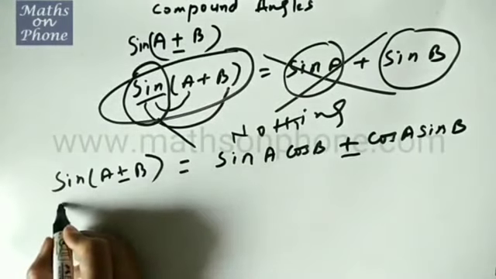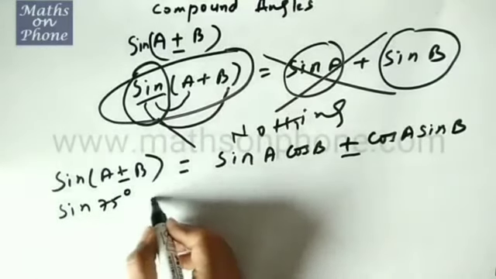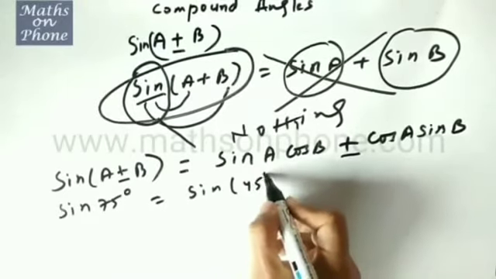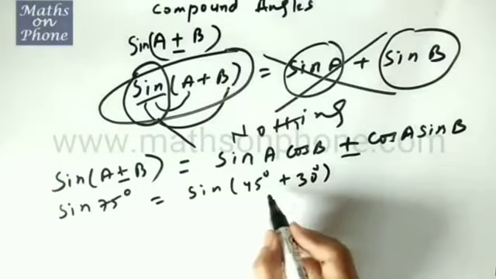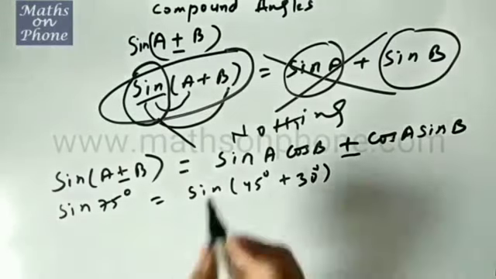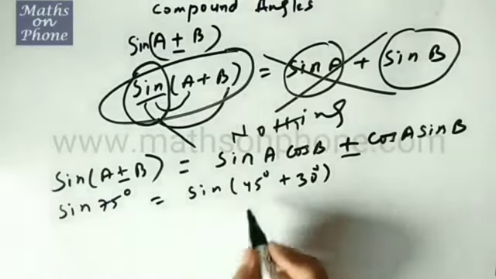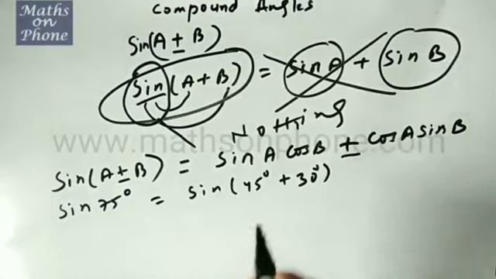What's the use? If somebody says I need to find sin 75 degree, you will just write it as sin(45 degree plus 30 degree). Why 45 and 30? Because we know the values of 0, 30, 45, 60 and 90 degrees only.